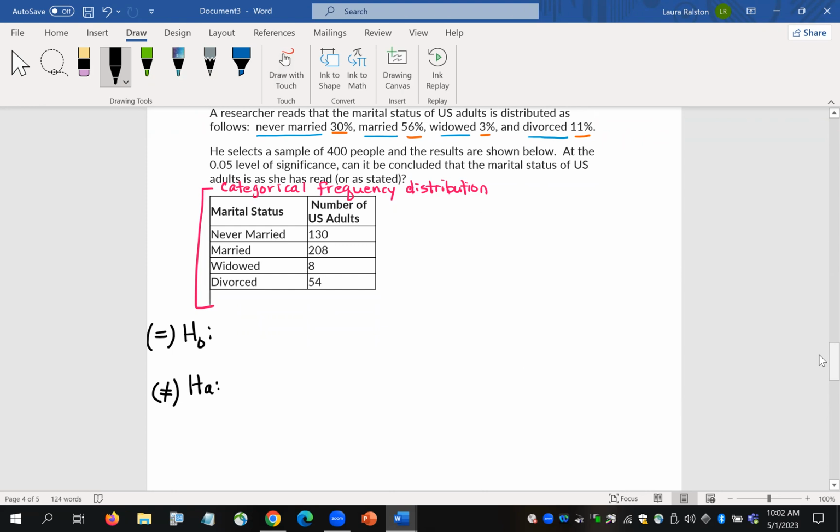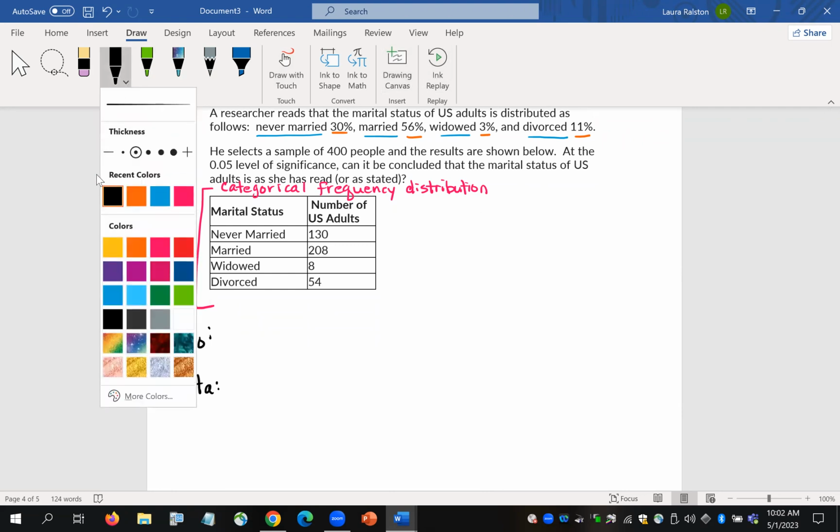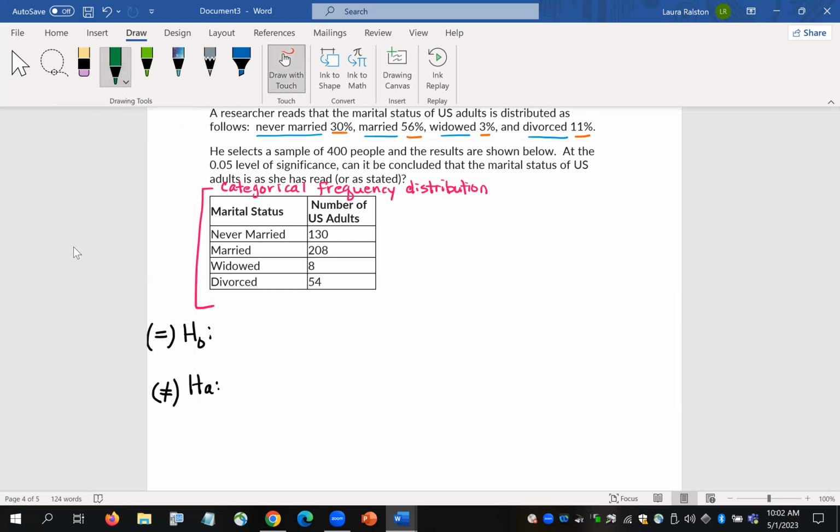Thinking about what my hypothesis is, let me go back to the question for a minute. It says, can it be concluded, there's my key word, that the marital status of U.S. adults is as she or he has read or as stated? We want to see if this sample fits, follows, matches what they read in this article.